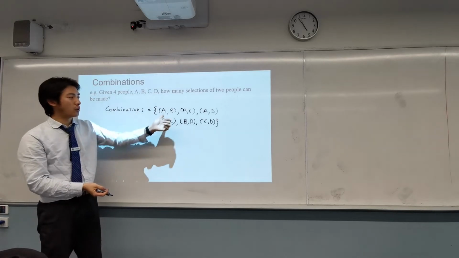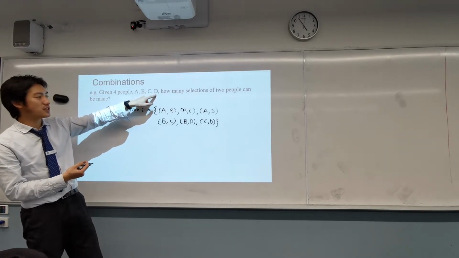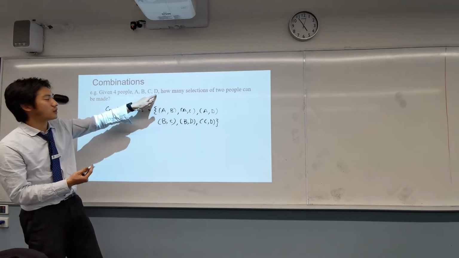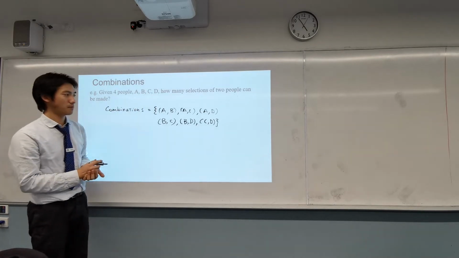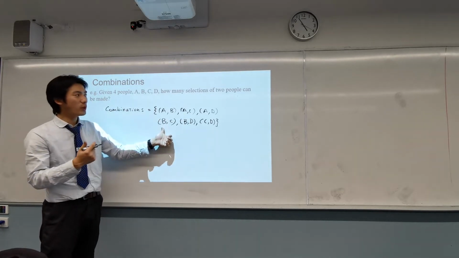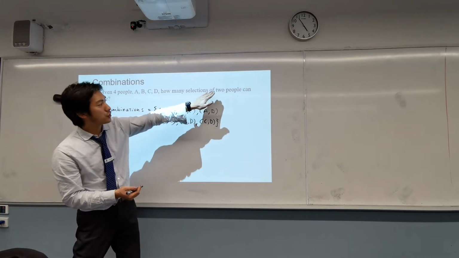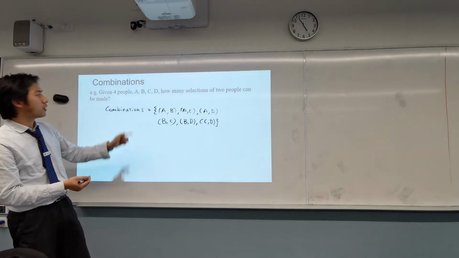And we've got all of our 6 pairs. I'm not going to consider person D now because person D has actually been grouped together with all the other 3. Just from listing these combinations, we can see that there are 6 ways of selecting 2 people from 4 people in total.